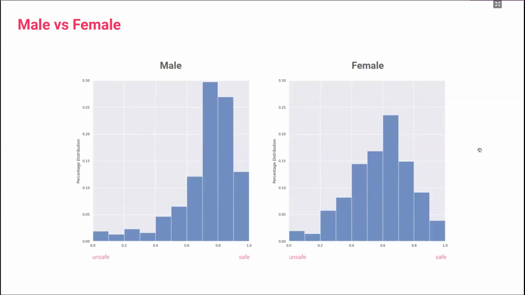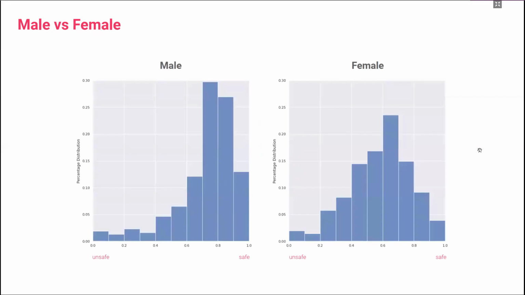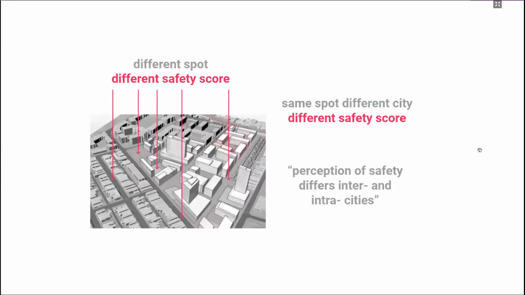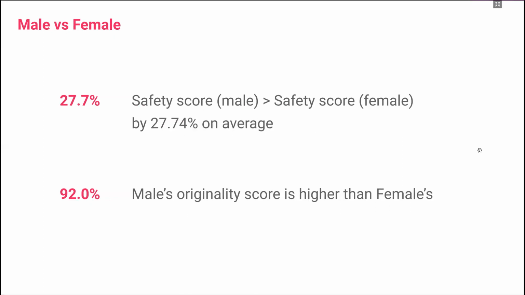And there are certain takeaways from the male versus female scores of safe or not. I won't get into the details, but on average, the safety score by men was 27.74% higher than the safety score by women.